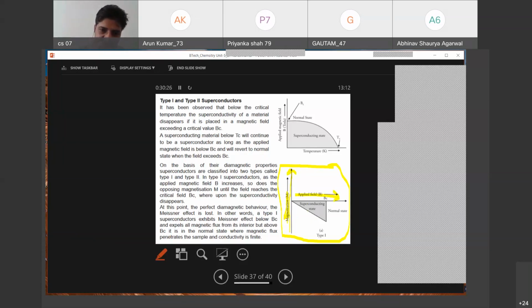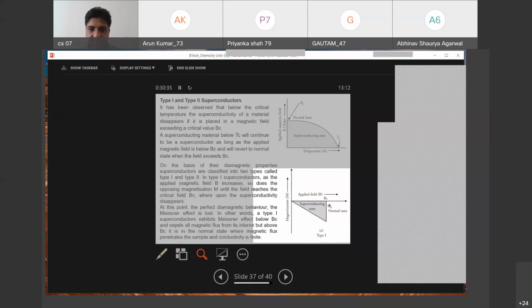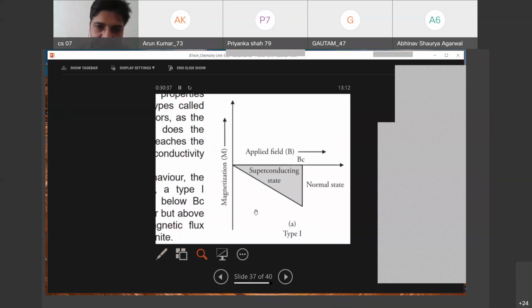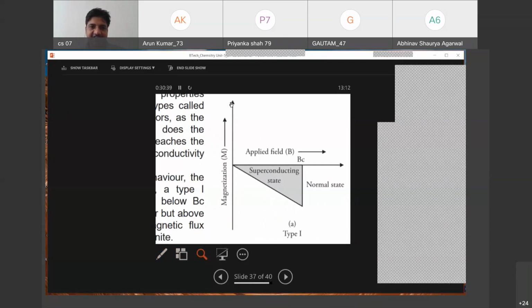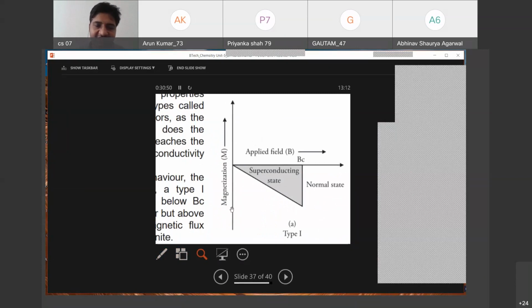Now see this graph clearly. Let me zoom it. On the x-axis, the horizontal line, we have the applied magnetic field, and on the vertical y-axis we have magnetization. Magnetization means magnet attracting power, you can say.